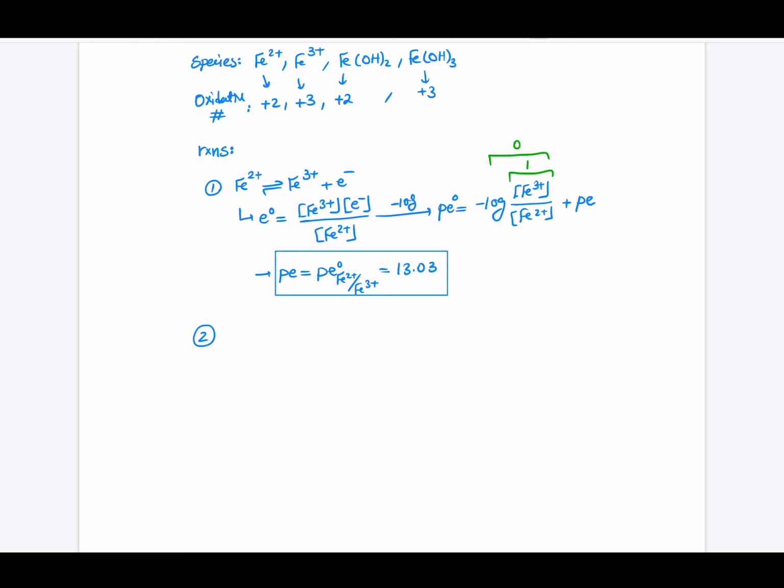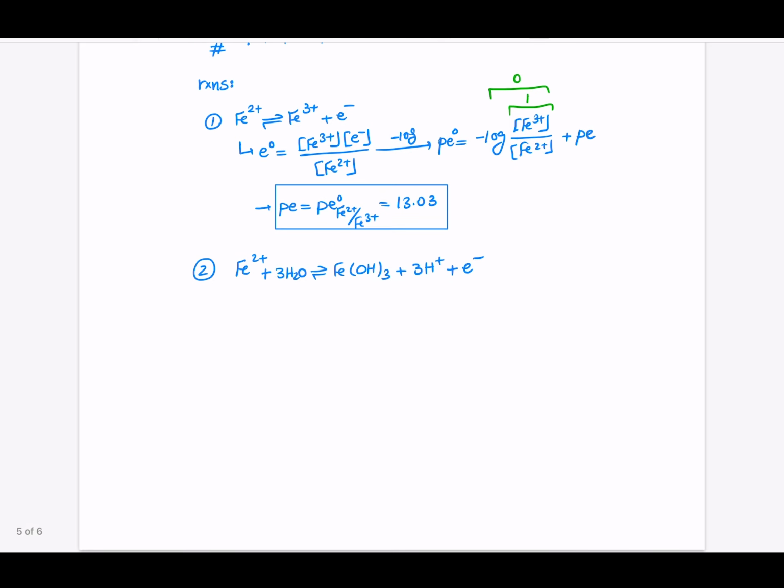So let's write it down. Fe2+ is oxidized to FeOH3. We just need to balance it now. This requires 3 water to balance oxygen. Then it comes to hydrogen. This needs 3 hydrogen in the form of H+, and 1 electron.